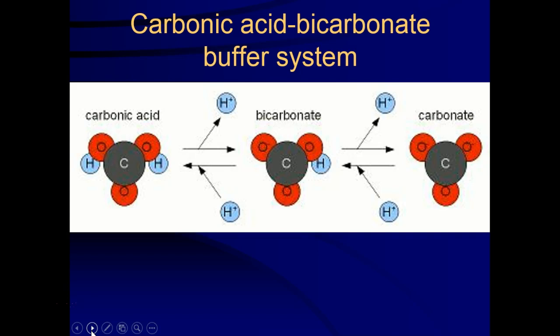When our blood gets too acidic, the bicarbonate absorbs the excess hydrogen ions. When our blood becomes too basic or too alkaline, the opposite happens. The hydrogen ions are released by the carbonic acid. And it helps keep systems within a very, very narrow range of pH.